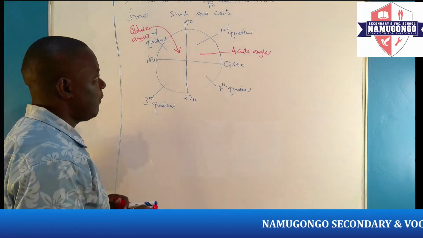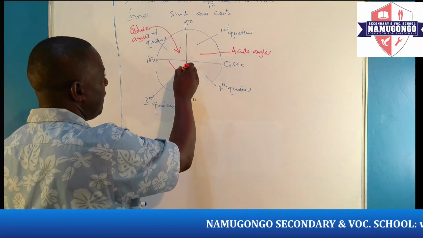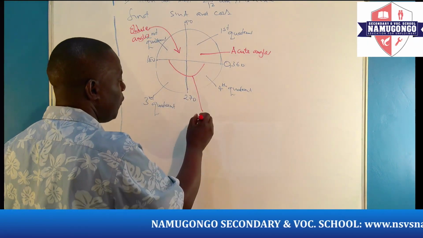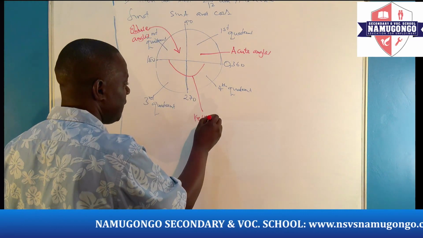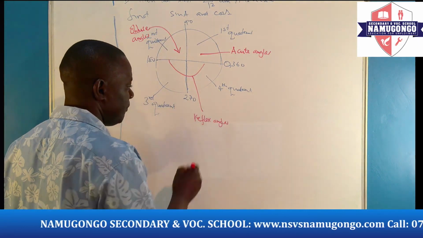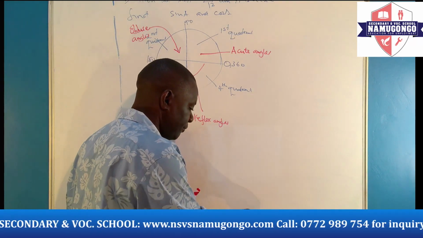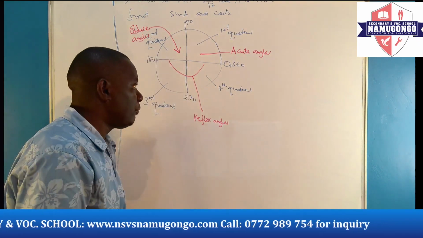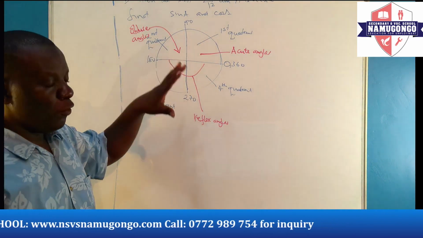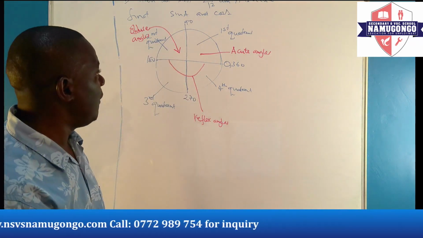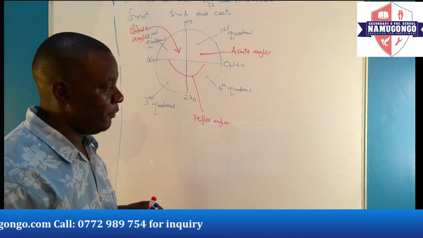Angles in these last 2 quadrants, we call them reflex angles. Now, once you know those 2 concepts, then you go to the third concept.